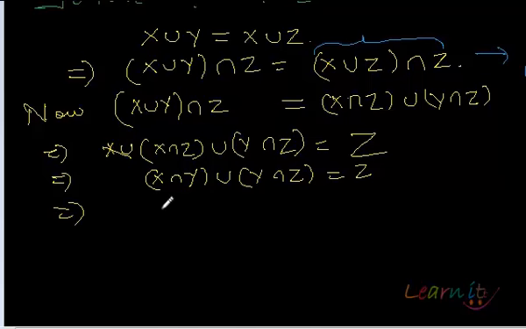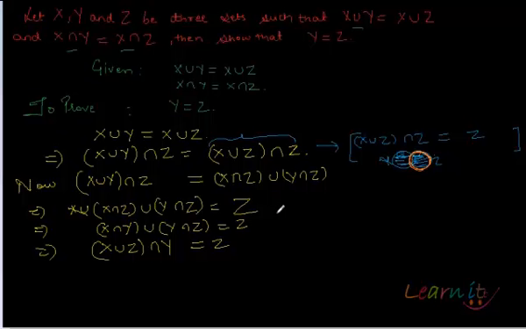Now that means this is the distributed manner of writing it, we can write it as (X union Z) intersection with Y. This is because X intersection Y equals X intersection Z, right? So this is because of that reason.